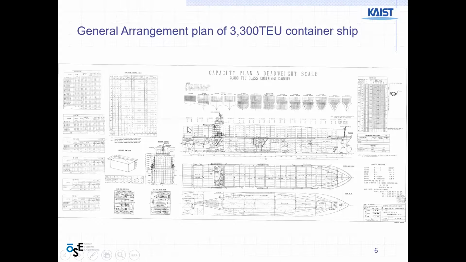The sectional view is shown from the front of the ship. So these two bottom figures are drawn as a top view, seeing from the top looking below. This one in the middle is a side view, seeing from the side of the ship.